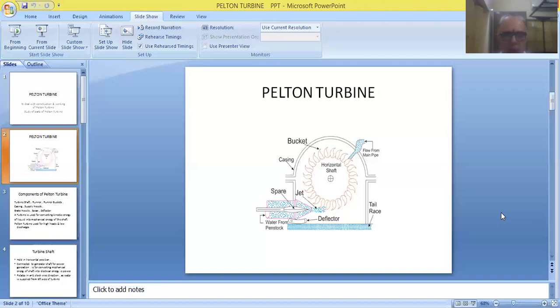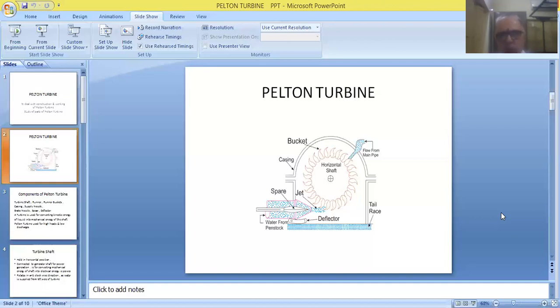So water will be striking the runner blades with the maximum amount of velocity and minimum amount of pressure. That means the velocity of the liquid will be maximum, but the pressure of the liquid which is striking the blades will be equivalent to atmospheric pressure. That is zero pressure. So it will be striking with maximum velocity and zero pressure.